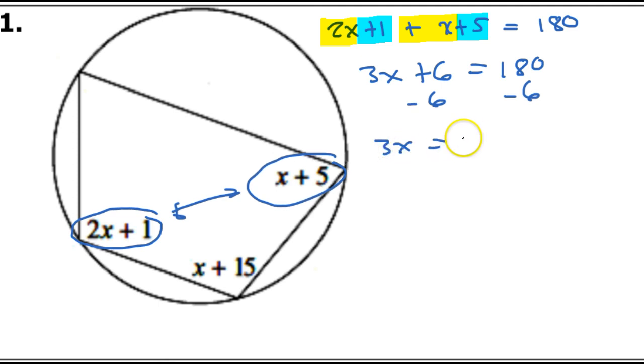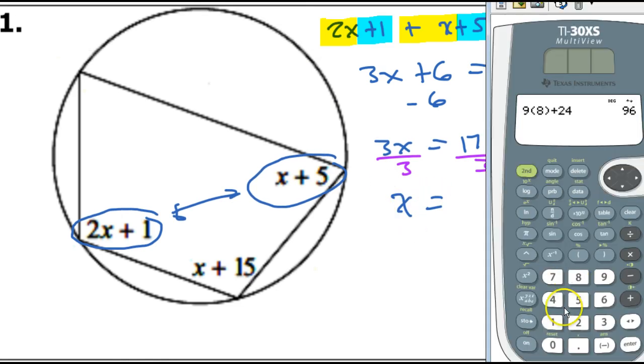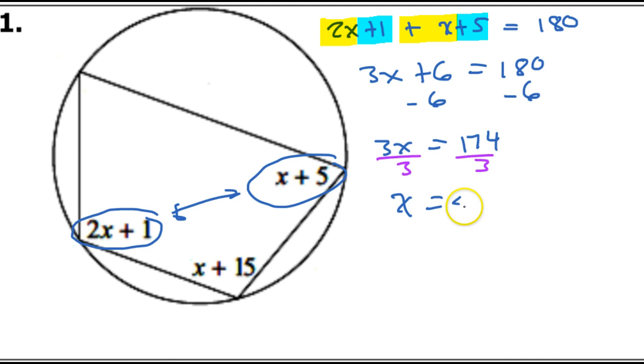So I've got 3x is equal to 174. So I would then divide both sides by 3. So that's 58. So x is 58.